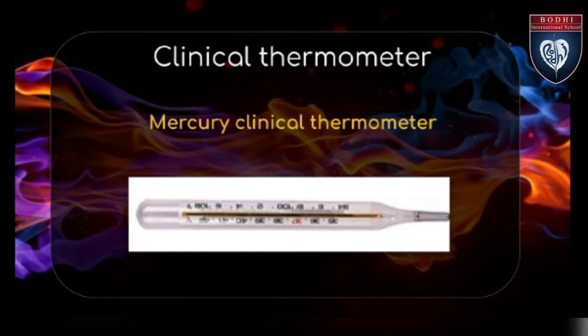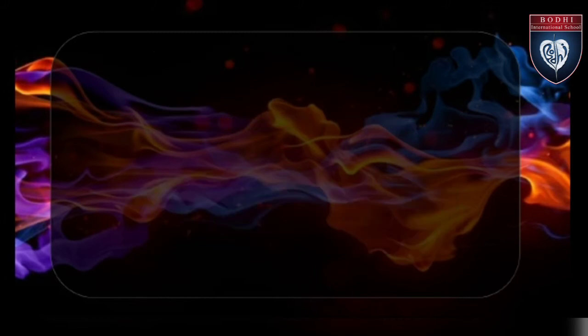If you do not see the mercury thread, rotate the thermometer a bit till you see it. You also find a scale on the thermometer. The scale we use is Celsius, indicated by degree C. A clinical thermometer reads temperature from 35 degrees Celsius to 42 degrees Celsius.